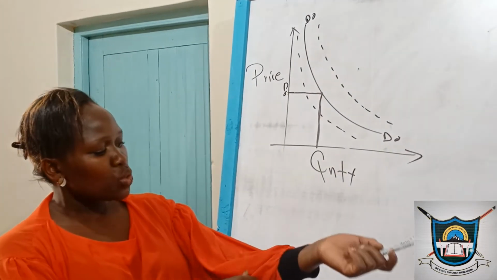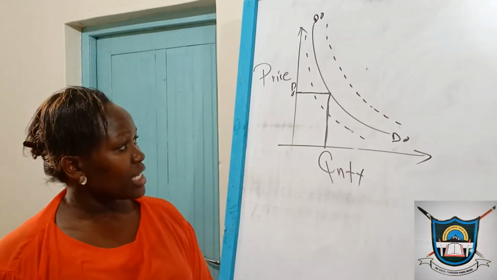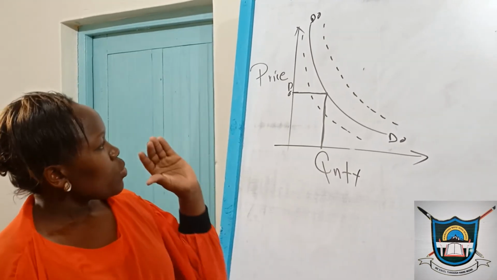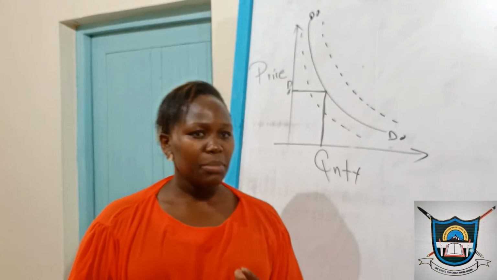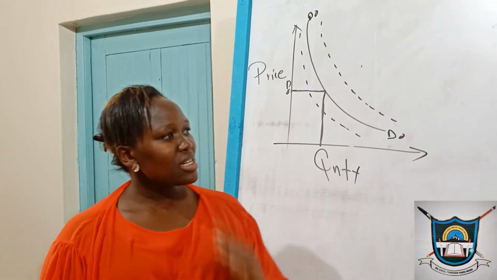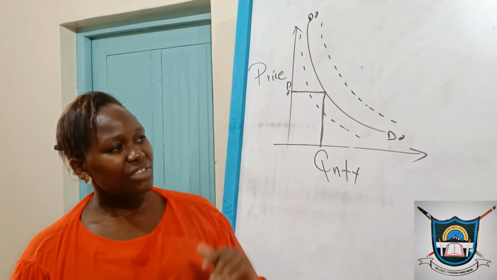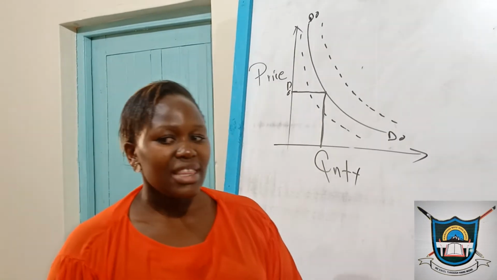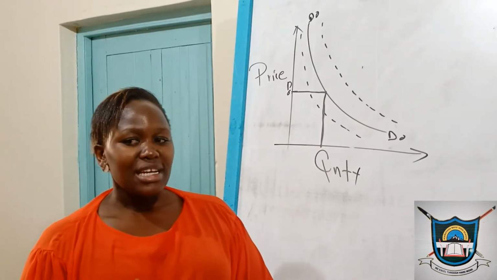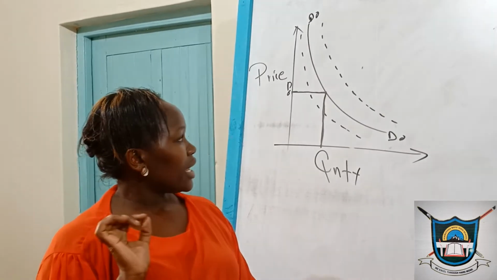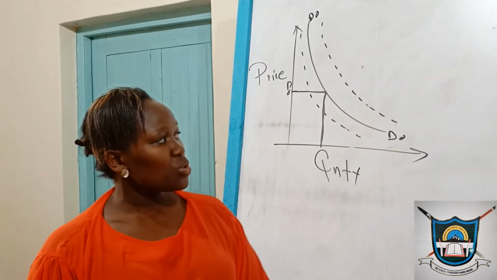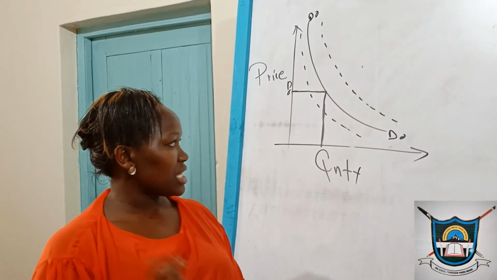If a school, I'll use our school as an example. When we were a population of 300 people, we could consume 300 jubilees a day. But when the population increases from 300 to 600, then it means the number we are going to consume in a day is also going to increase from 300 to 600.